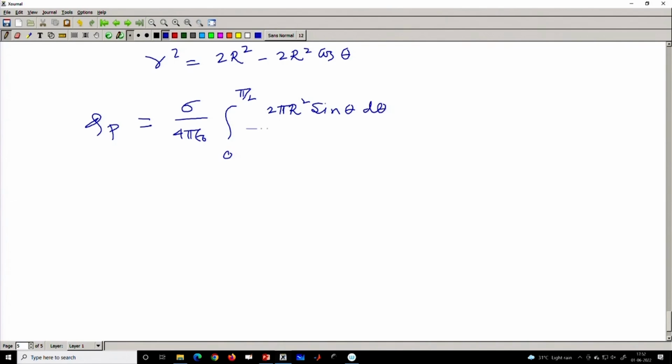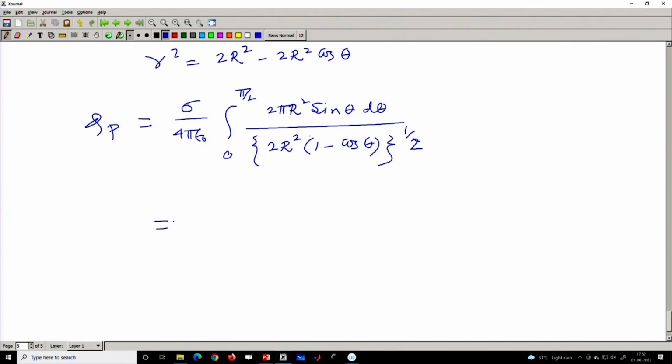I am just writing ds here, and below we have r, so we have 2 r square multiplied by 1 minus cos theta, whole to the power of half.